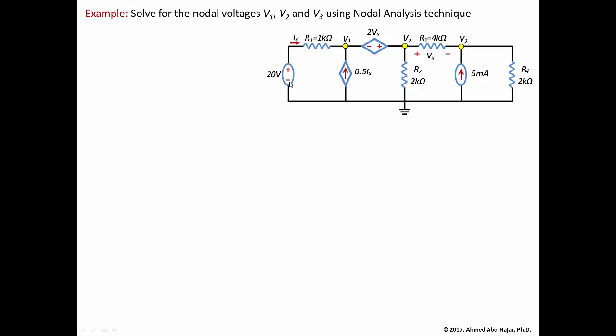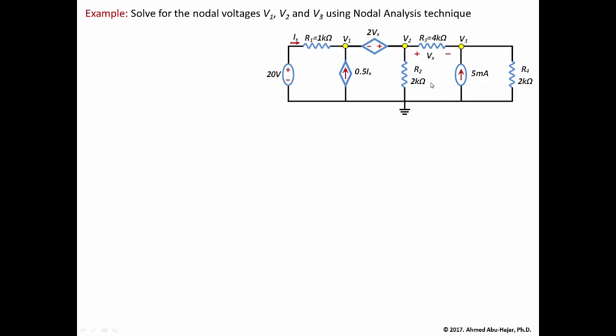At this point, it should be trivial that this voltage here is 20 volts. Those are the unknown nodal voltages, and this is the reference node, the 0 volts node. Before we do anything, we need to define Vx in terms of the nodal voltages.